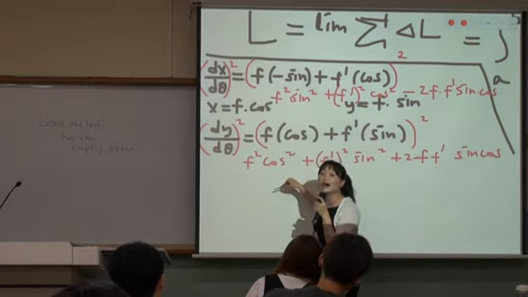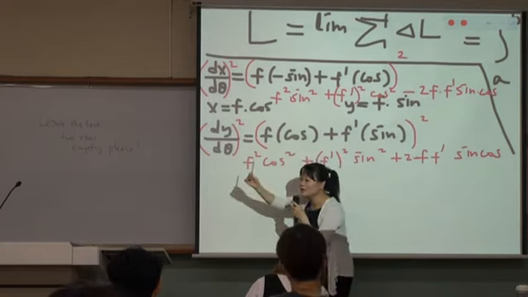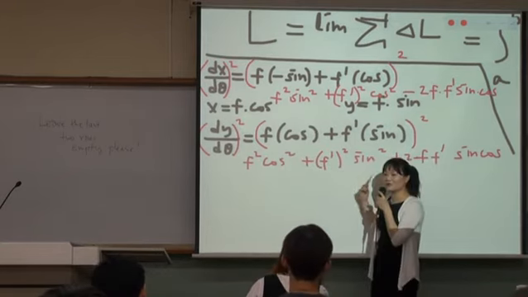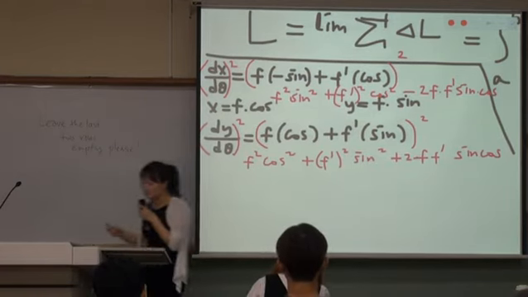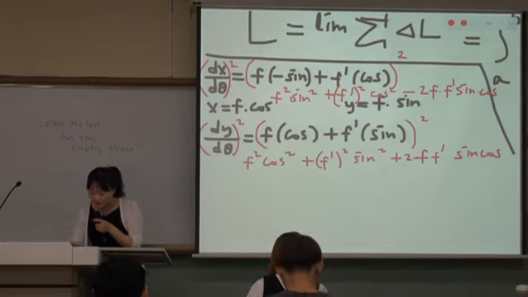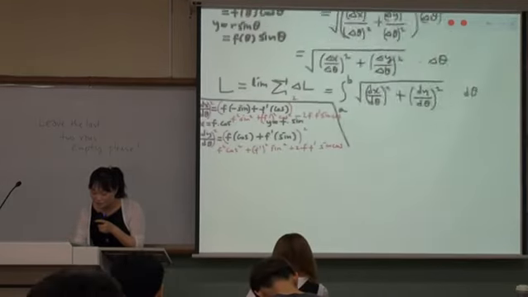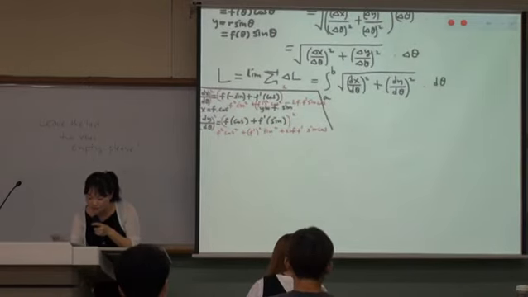F squared. Why? Sine squared plus cosine squared is 1. When I add this, what do I get? F prime squared. Right? Therefore, now this can be written as follows.